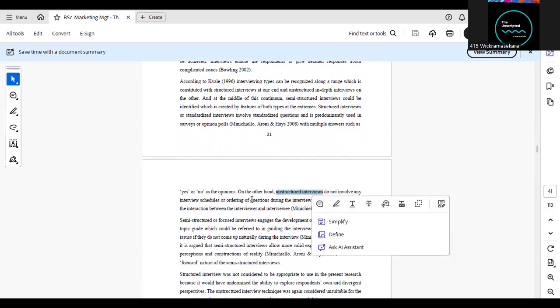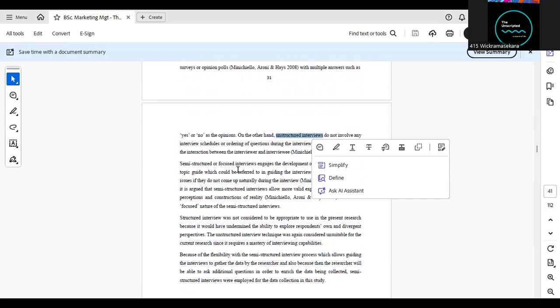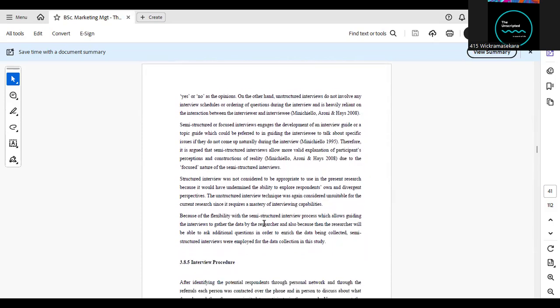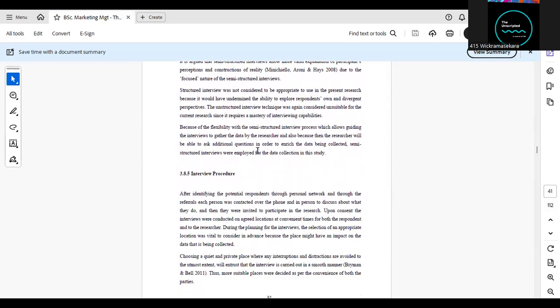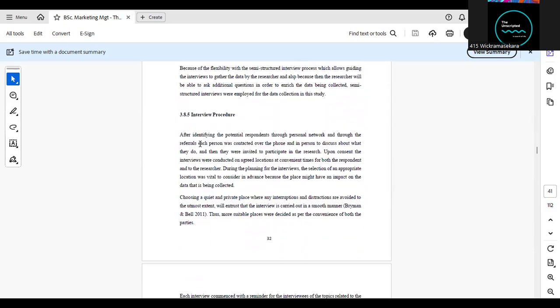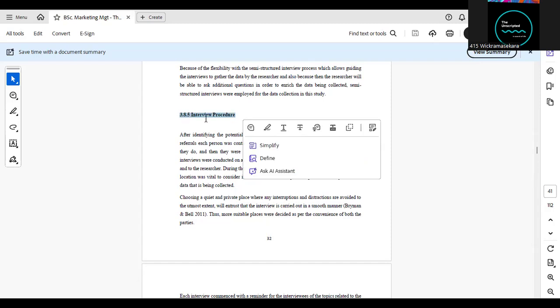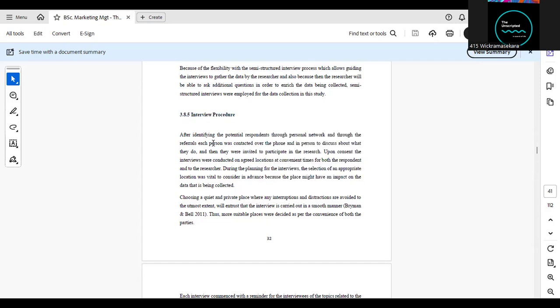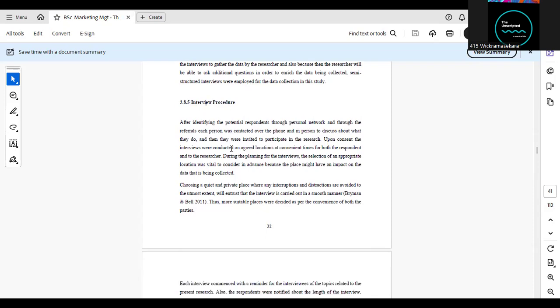You can briefly define what those are and why you have specifically chosen semi-structured interviews for this particular study, maybe because of the flexibility of this type, and you can ask probing questions of the research participants. And also importantly, you should talk about how the interviews proceeded, right?